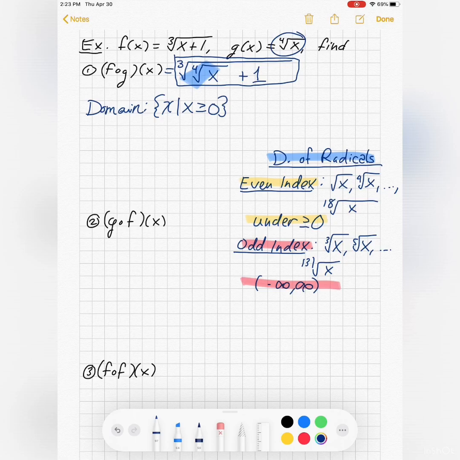So I'll say the set of all x where x is greater than or equal to 0, or in interval notation, I would write it like so. Now I have a cube root here, but remember the domain of that is all real numbers. So it's only that 4th root that I have to be concerned about for the domain.